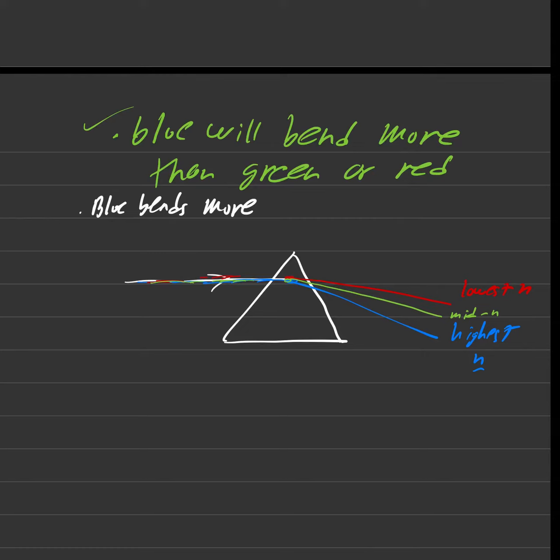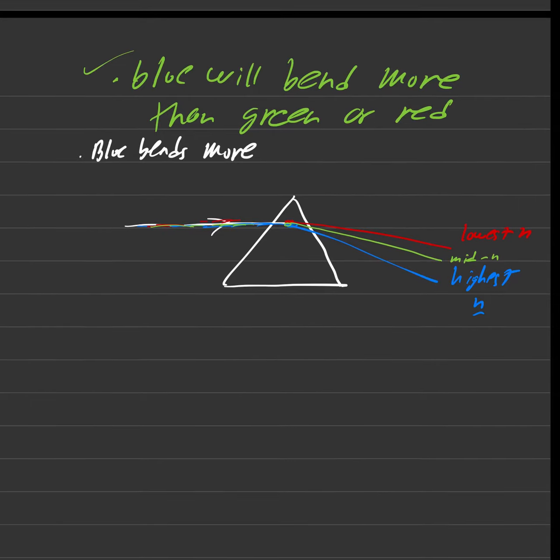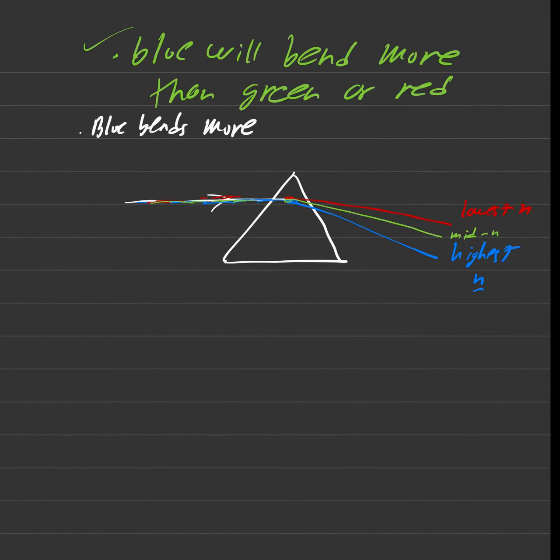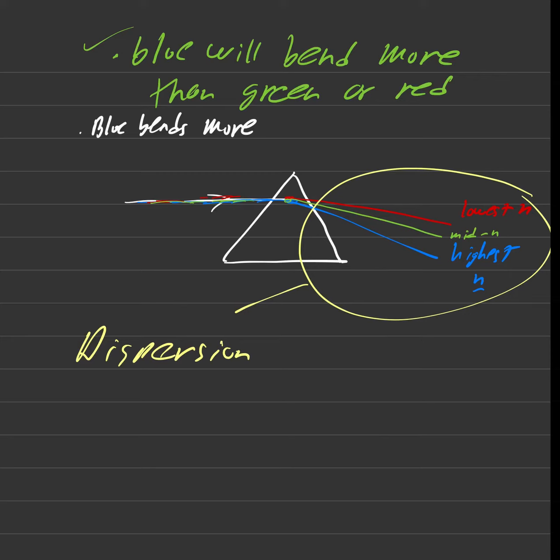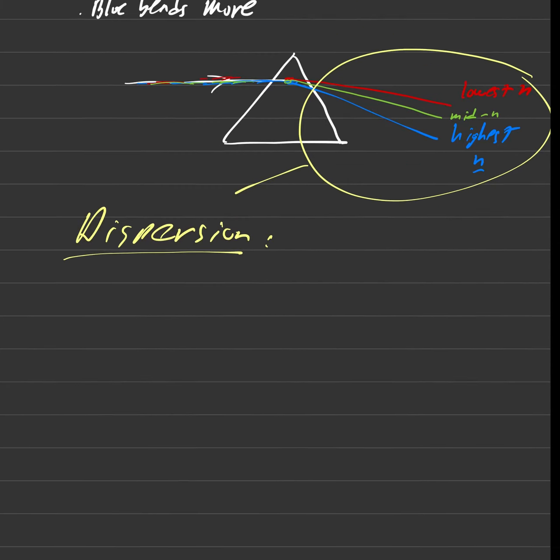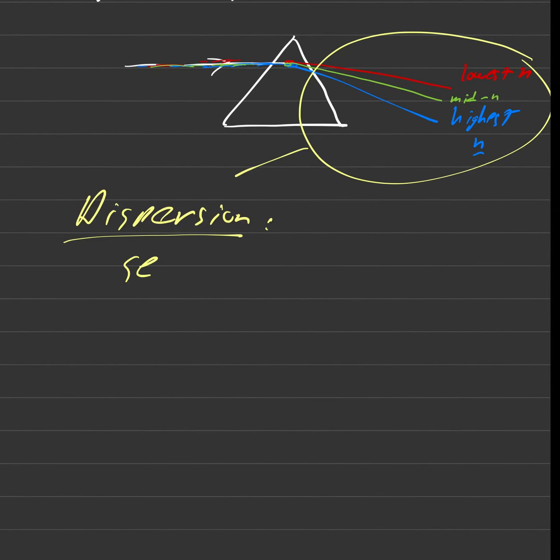So that essentially explains the prism effect, but instead of saying a prism effect, which sounds kind of amateur, let's just say that all of this is exactly what dispersion is. So what we're going to call dispersion then is separation of colors, or in technical parlance, wavelengths.